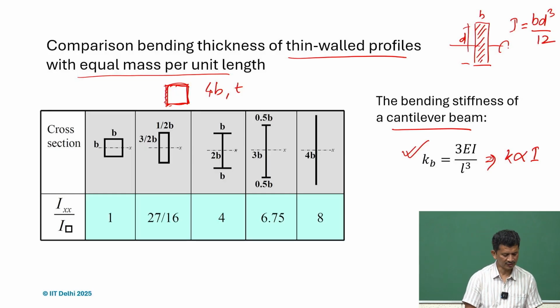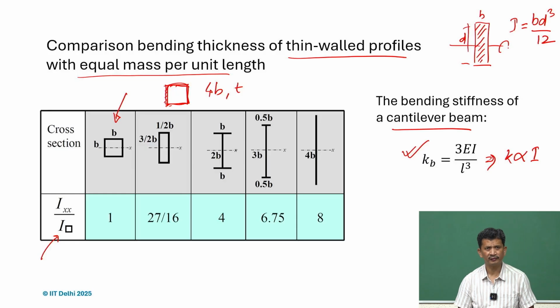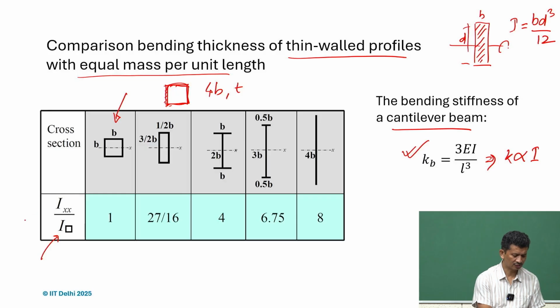If we take the square one as a reference, with width B and height B, and T is the thickness, we compare the ratio I_x over I_box, or I naught.